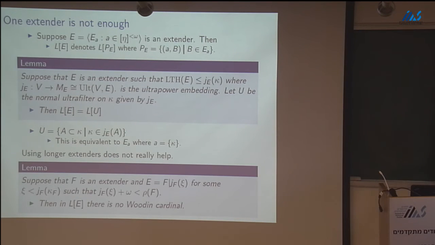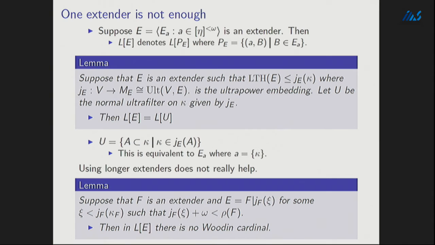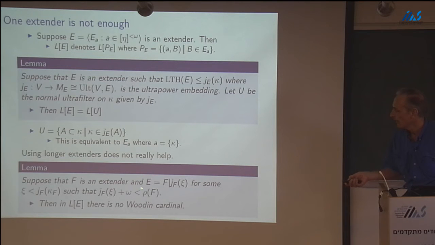Now, you could try to lengthen the extender, and this is a much more complicated lemma to prove. This follows from Cohen's analysis. Suppose you have an extender, and, well, here it is, F, and we take F and we restrict it to J_F of psi for some ordinal less than the critical point, J of the critical point, such that the strength of F goes past the ordinal that I'm restricting to.